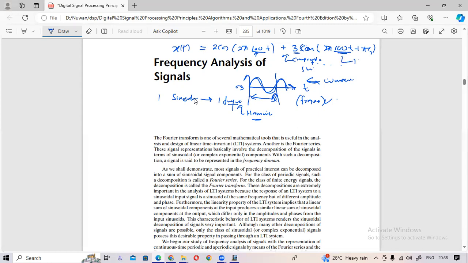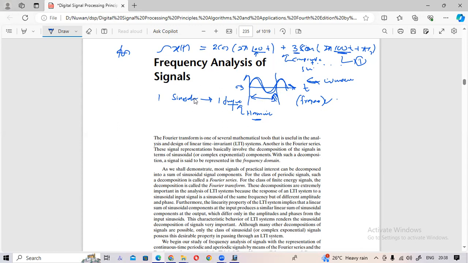If you have another component, like 1 cos 500t, 5 cos 500t, likewise, it still has only one frequency component, so you will get a sinusoidal signal again. We see this in MATLAB.